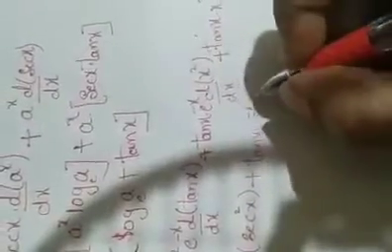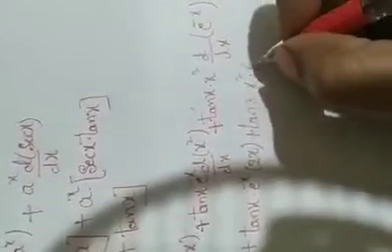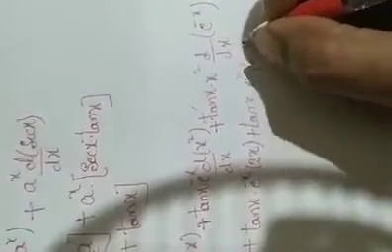What is the derivative of x square? Go through the formula, that is 2x, plus tan x into x square. What is the derivative of e raised to minus x? Minus e raised to minus x.